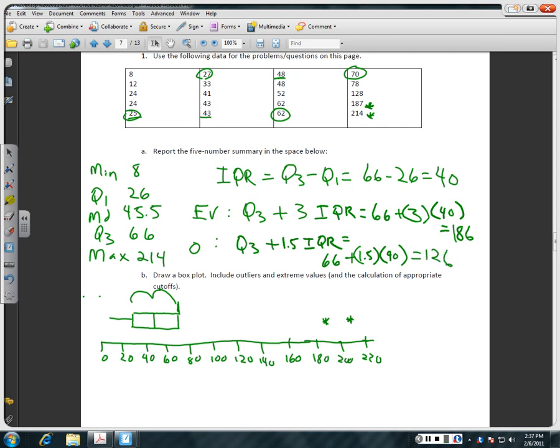So the 128 is going to be an outlier, and the 78 is going to be the highest value that is neither an outlier nor an extreme value. So let's get the outlier first. That's at 128. Designate that with a circle. And then 78 is the last value that's neither an outlier or an extreme value, so we'll extend the whisker on the upper end up to there.